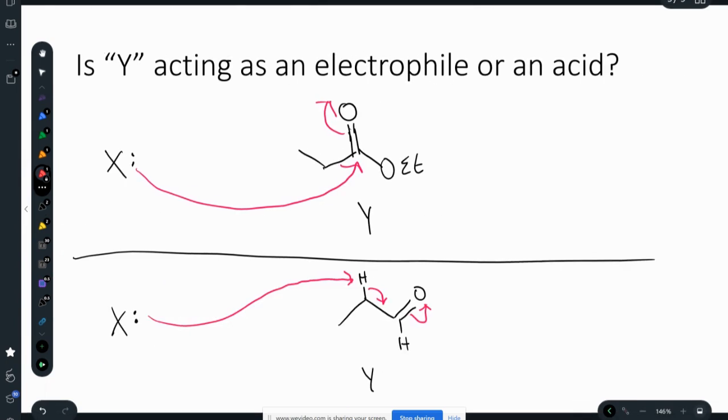All right, so in these cases, would these be an acid and a base or a nucleophile and an electrophile? In the first one, am I attacking a hydrogen? Nope. All right, so that means that's a nucleophile and an electrophile.